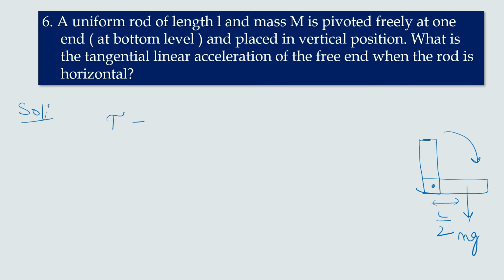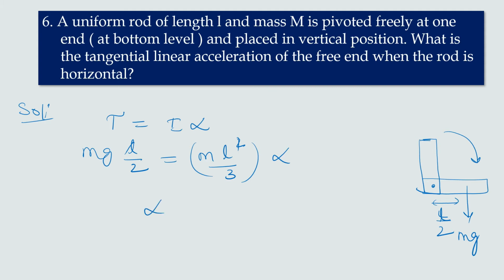Now tau is equal to I alpha. mg L by 2 is equal to mL square by 3 into alpha. One L gets cancelled, alpha is equal to 3g by 2L, and here m also gets cancelled.